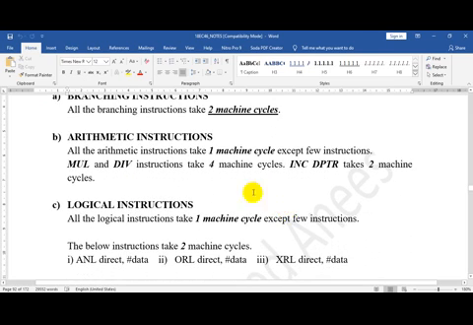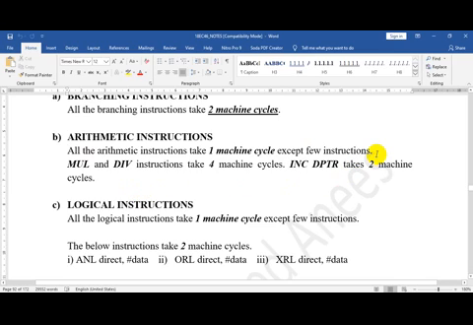Then arithmetic instructions. All the arithmetic instructions take 1 machine cycle except multiply and divide, which take 4 machine cycles. Only increment DPTR takes 2 machine cycles. So is it not easier to remember? If you remember these statements, it will be easy.